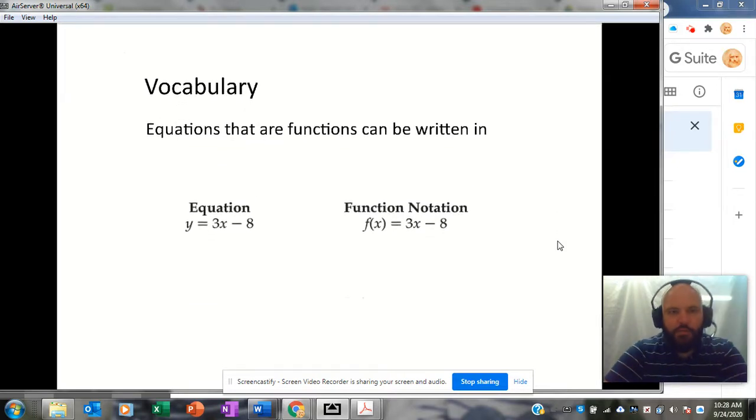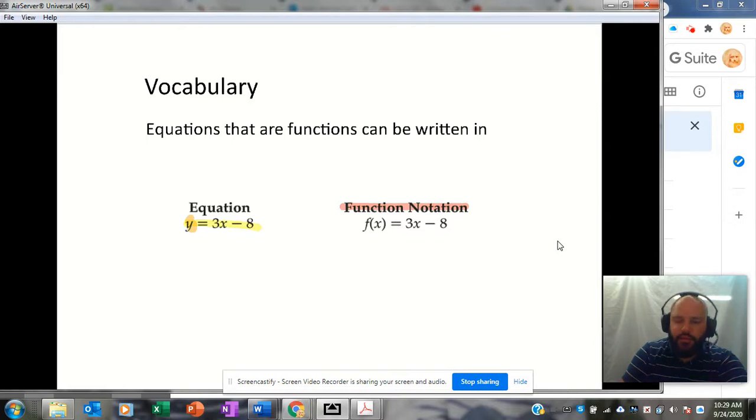First, we're going to talk a little bit about vocabulary. It says equations that are functions can be written in function notation. This word, function notation, sounds a little scary and it looks hard, but it's really not. What I want you to notice is normally when you would write equations like y equals 3x minus 8, you would have a variable y right there.